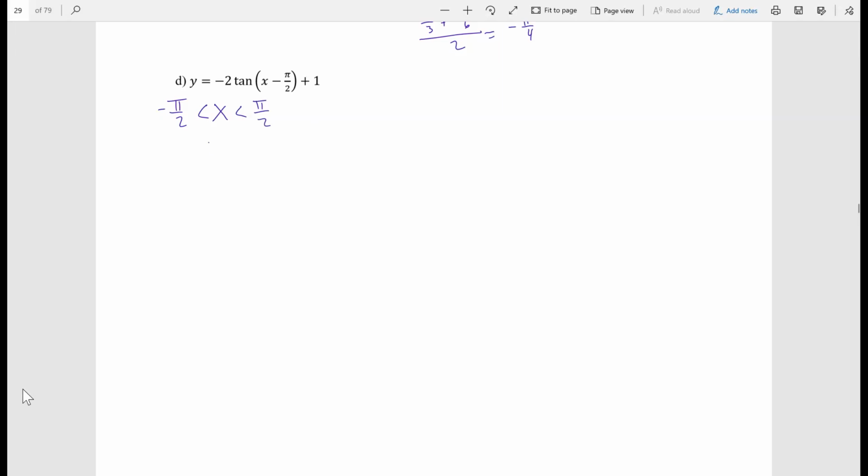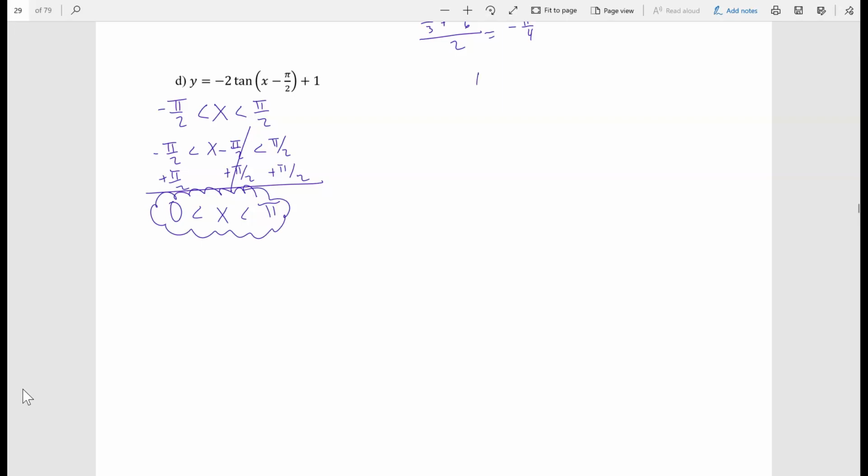We plug in the argument x minus pi over 2, and now let's add the pi over 2 over. So this goes away, this is a 0 for x, and this is pi over 2 plus pi over 2, which is pi. So you have 0 to pi.